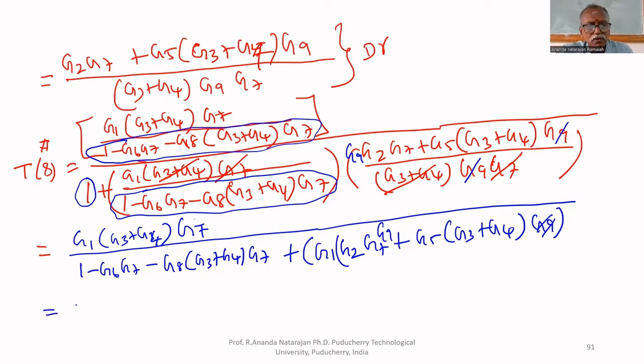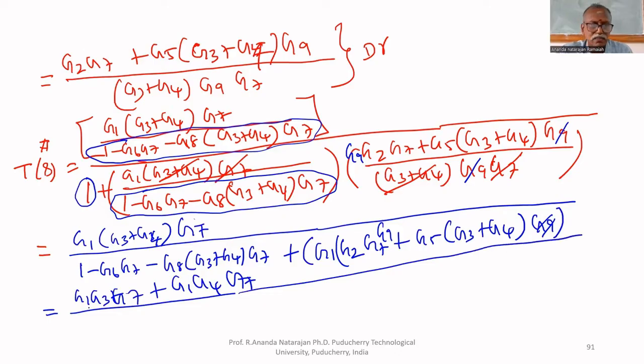So numerator is G1, G3 plus G1, G3, G7 plus G1, G4, G7. That's all. This is numerator.